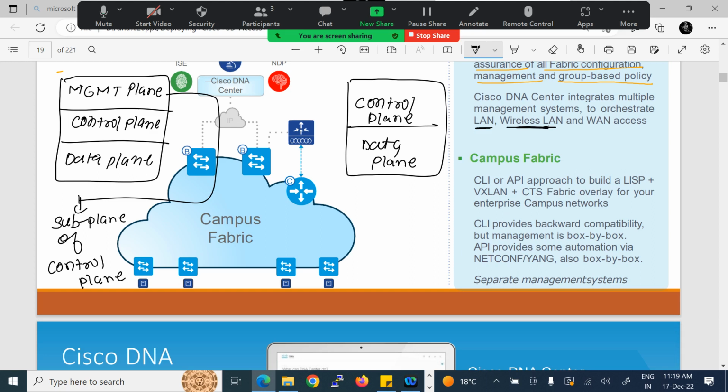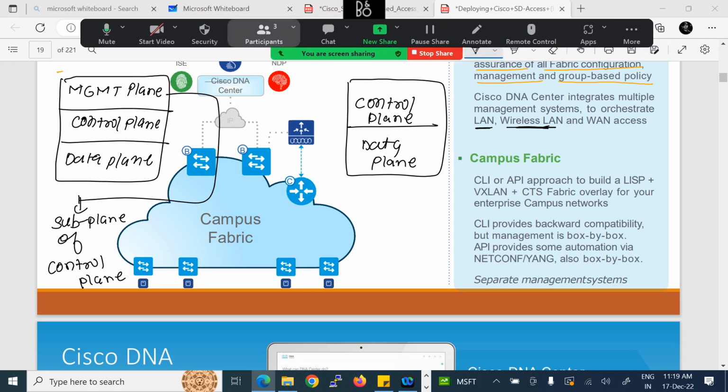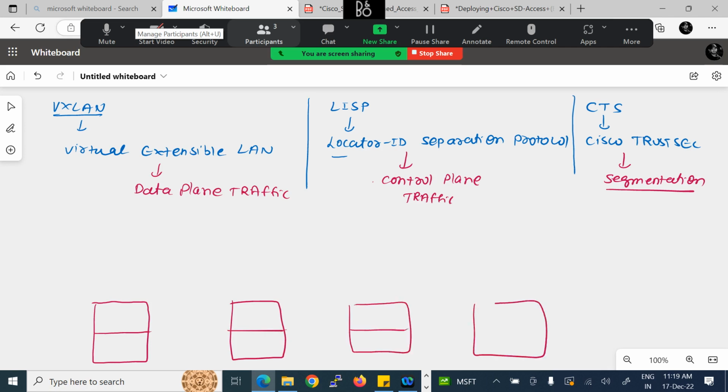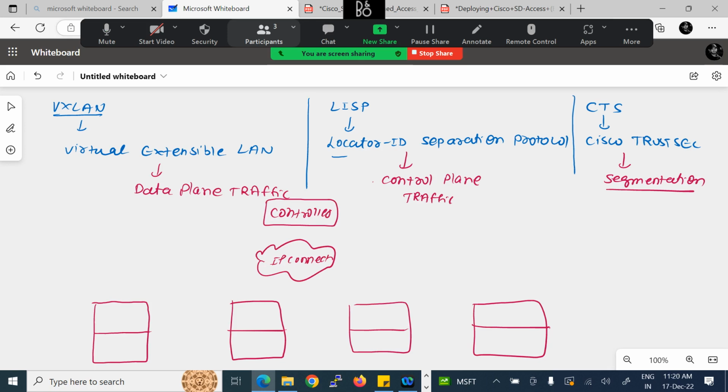So what we did using the software or the controllers: we have routers here, R1, R2, R3, and R4, and we have IP connectivity, and the network controller.